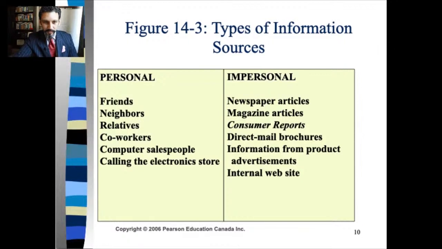Maybe you've got a friend or colleague, a relative, neighbor, coworker, whatever, who's already been doing online learning. Or it could be impersonal information sources such as newspapers, magazines, blogs, social media, and so forth, right? We try to gather information about all the possible ways of solving this problem.